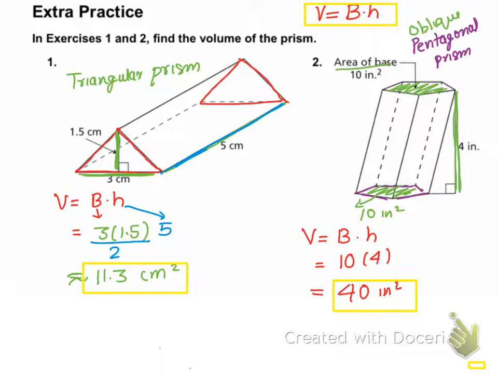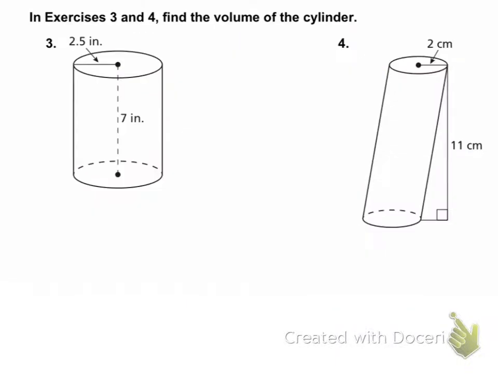Let's move to question number 3, now a cylinder. As I told you, for a cylinder we have the same logic. Volume is base area times height, and the base in this case is a circle, so that's pi r squared h. You can start with either formula, both are the same.